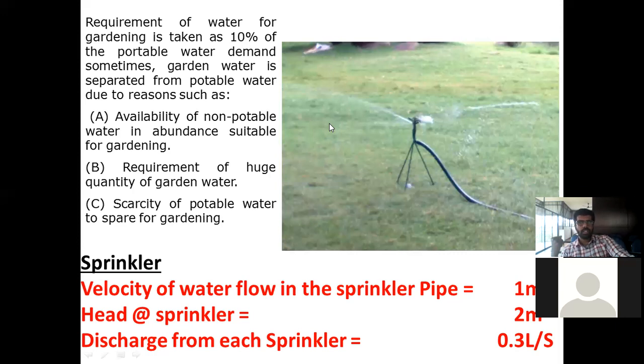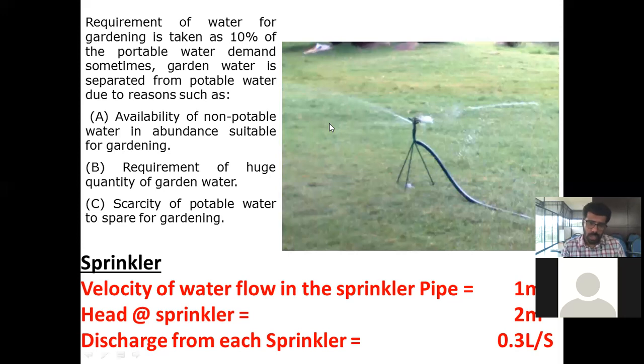Now the third point is the scarcity of potable water to spare for gardening. You know gardening and how much water is required for it. Sometimes the water requirement is huge.